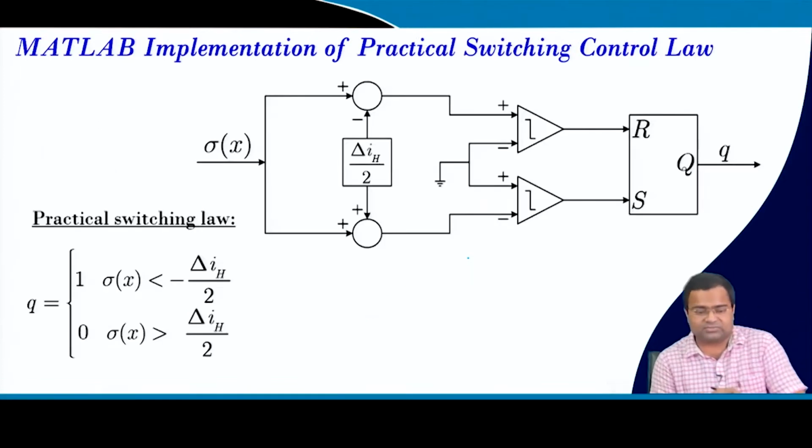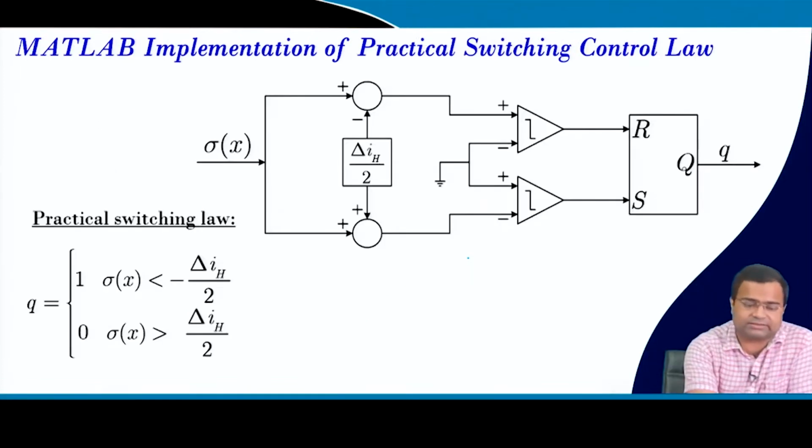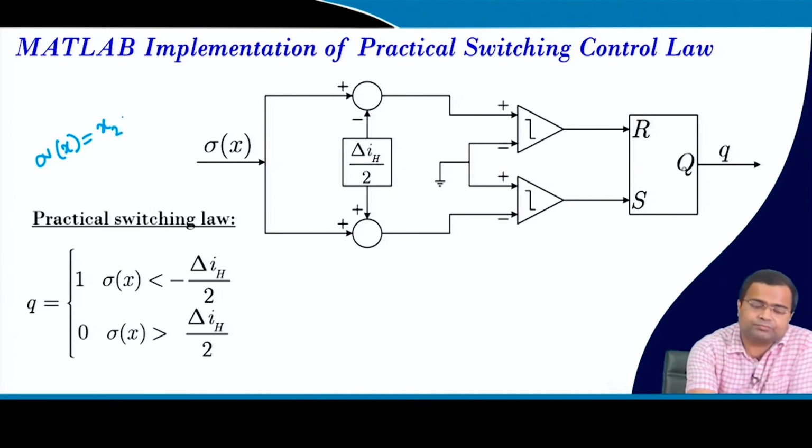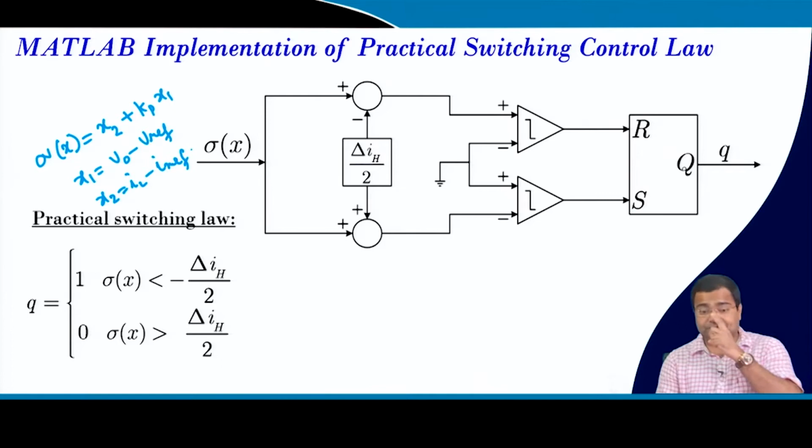Okay. And we know how to implement it. So, this we have discussed, sigma, that means it is the current based one. So, x2 plus Kp into x1, where x1 is our V0 minus Vref and x2 is our inductor current minus reference current. Okay.